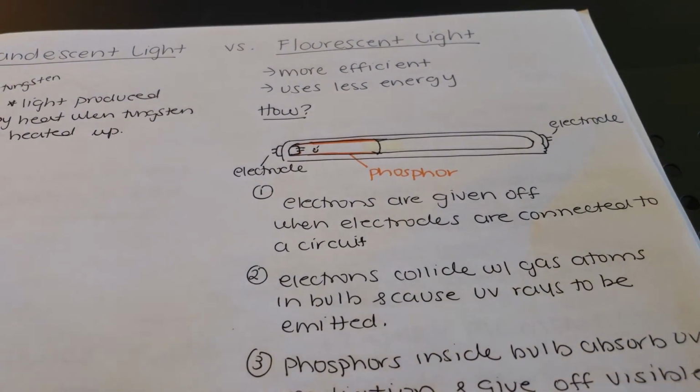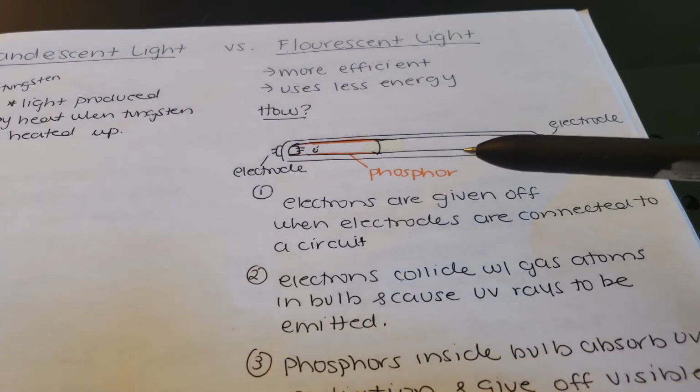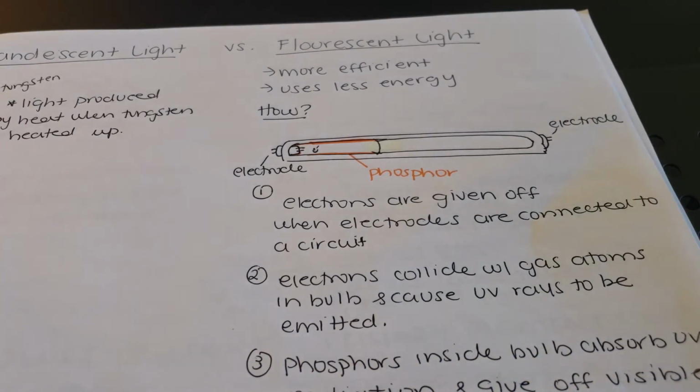Then those electrons collide with a gas that's inside of the bulb. Fluorescent lights contain a gas at a very low pressure. So when these electrons are emitted, they are going to hit those gas atoms that are already inside of the bulb, and that's going to cause something called UV rays to be emitted.